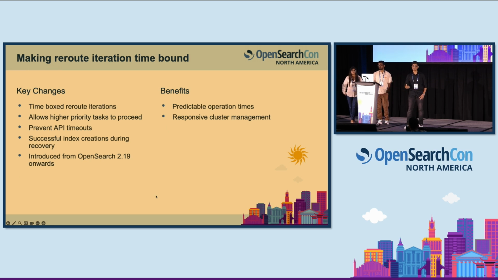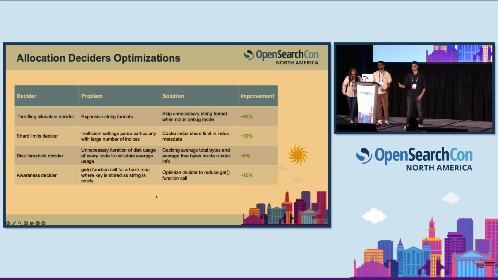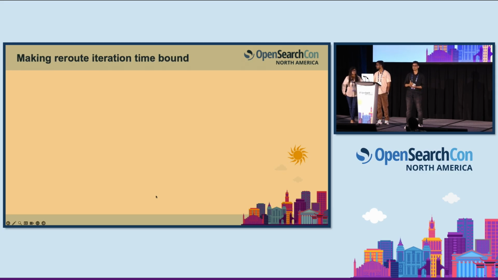That is where we came to the solution that time bounding a reroute operation and scheduling a subsequent reroute, so that urgent priority tasks can pass through, is probably a better solution. That kind of gave us that idea.